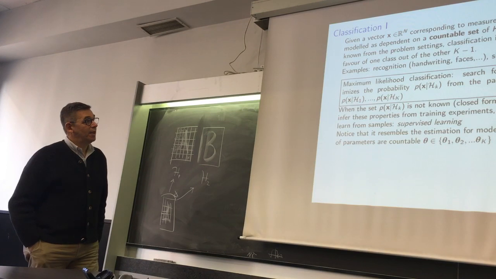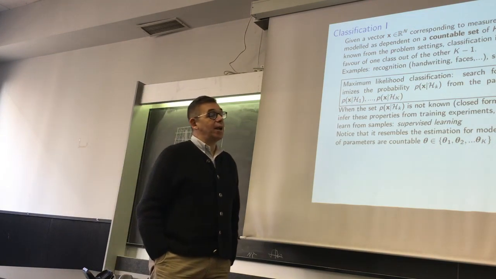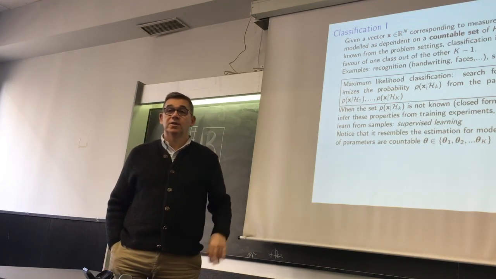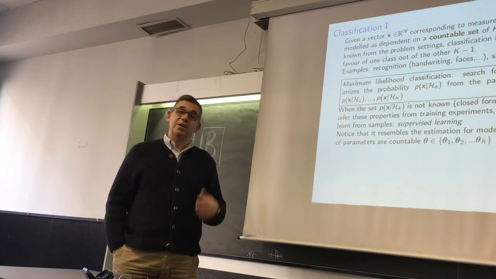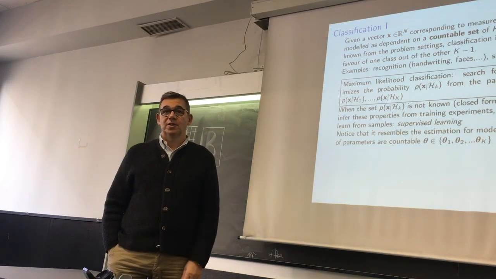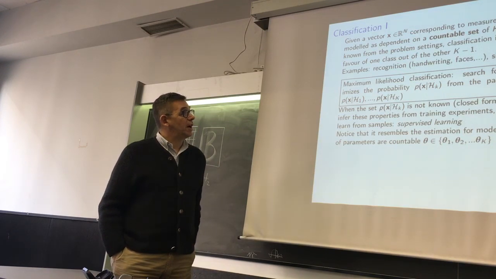So then I can do handwriting, and I can do faces. If I have a set of faces, I can extract features of the faces. I can arrange it in different ways. I can also do signals.